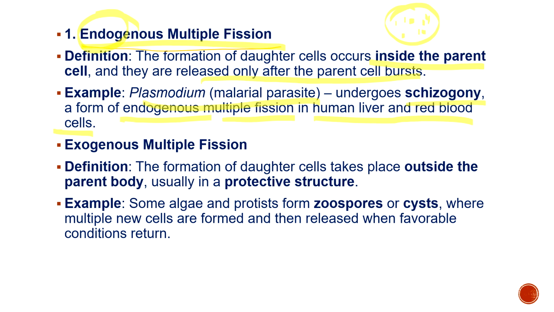Now it's exogenous multiple fission. Here the formation of daughter cells takes place outside the parent body, usually in a protective structure.